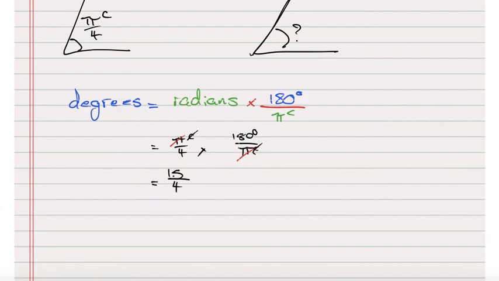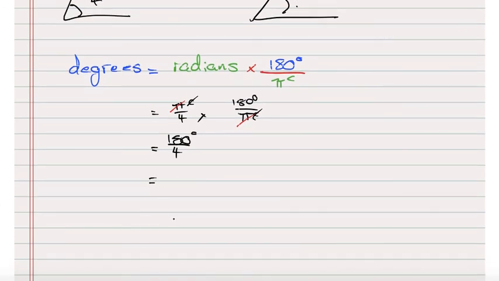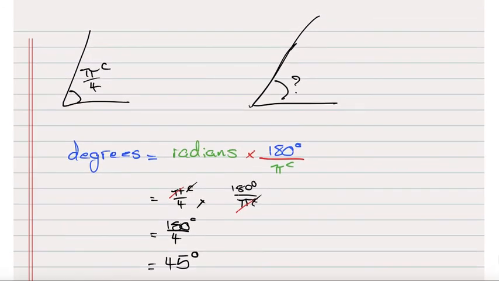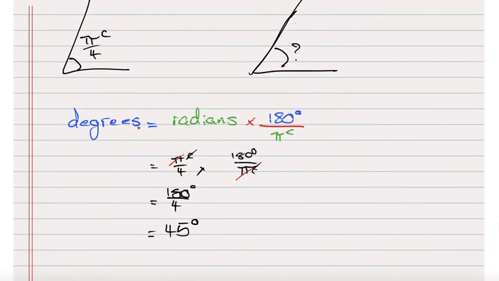So 180 degrees, divided by 4, is 45 degrees. So notice that the simple formula for converting to degrees is you take your quantity in radians, multiply it by 180, and then divide it by pi.